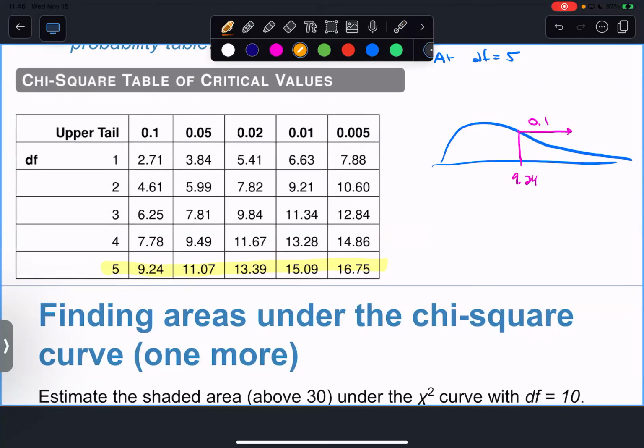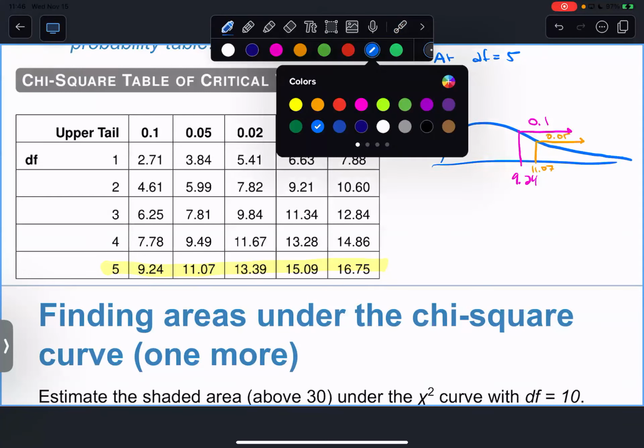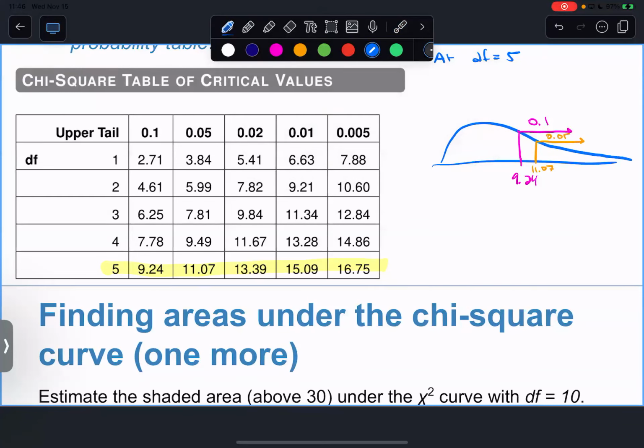If I get a chi-squared of 11.07, that's moving further out here, the area in the tail is 0.05. 13.39 has an area in the tail of 0.02.